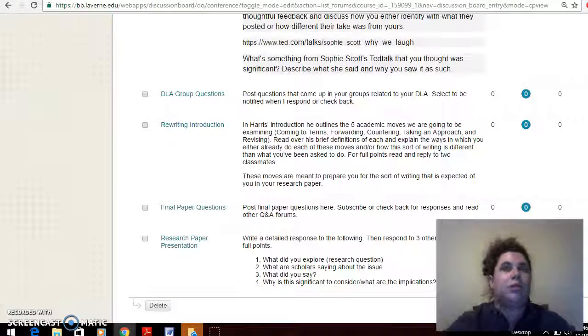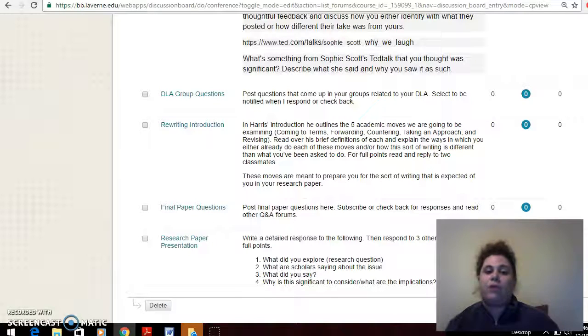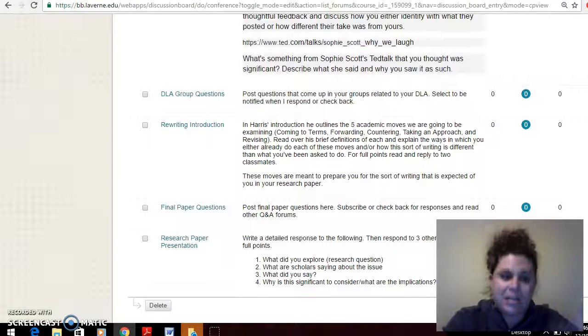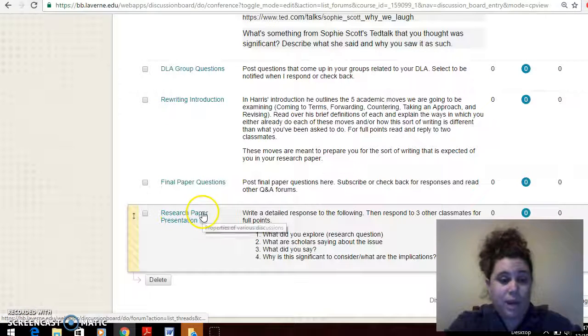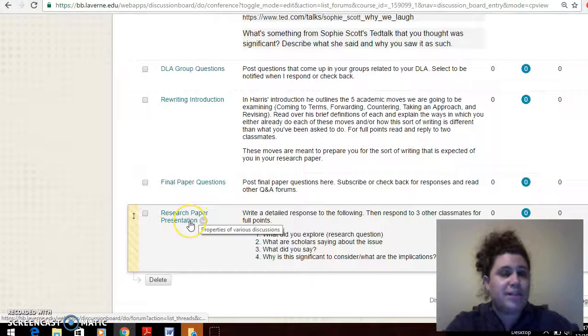Essentially, students are responsible for creating a series of questions that the rest of the class is going to respond to that week to better prepare them for the discussion on the article that the group has selected and is going to be leading discussion on. And then the last thing right here is research paper presentation.